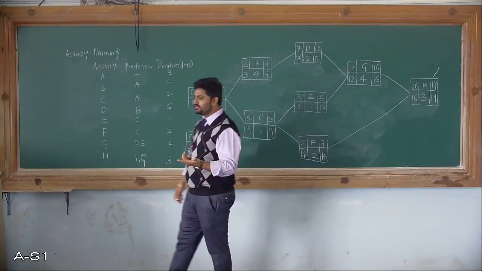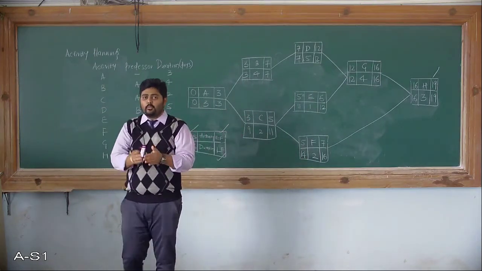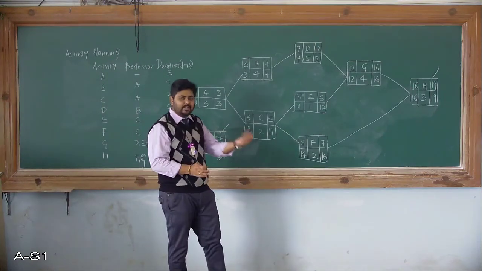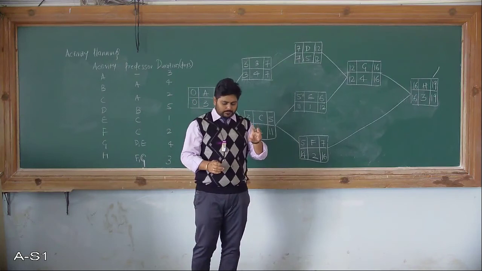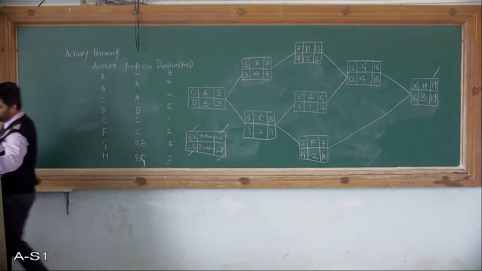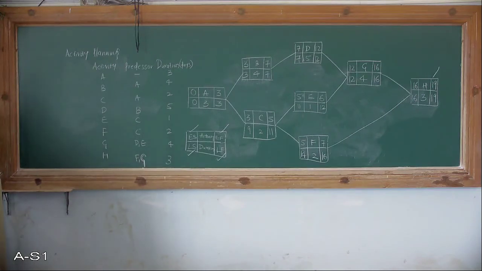From when you start to when you finish, if you make some delay because of obstacles, that is your late start and late finish. So how do you identify the critical path? We will now discuss what we mean by the critical path.